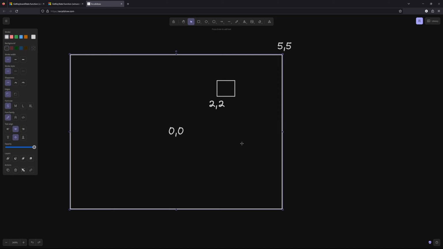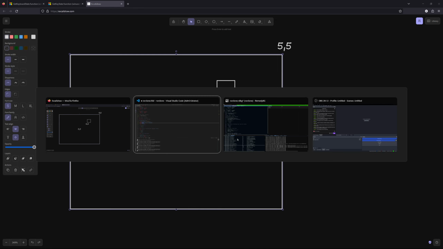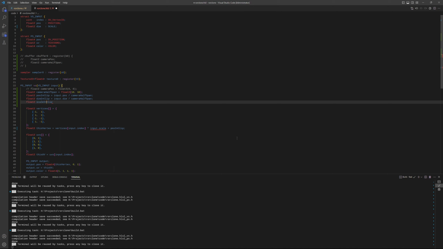Yeah. So take the dimensions and multiply. Take the dimension, and multiply by 0.5.